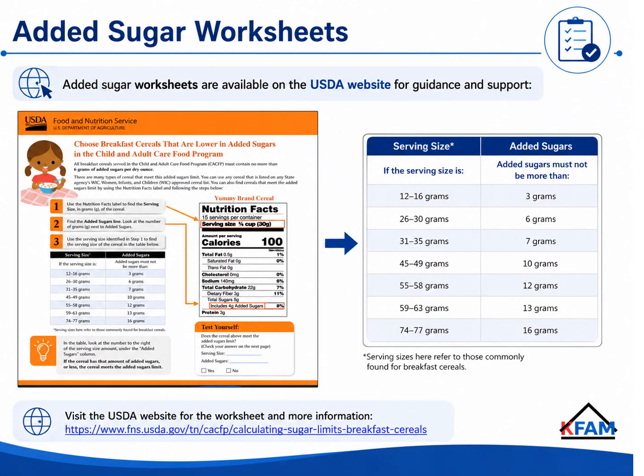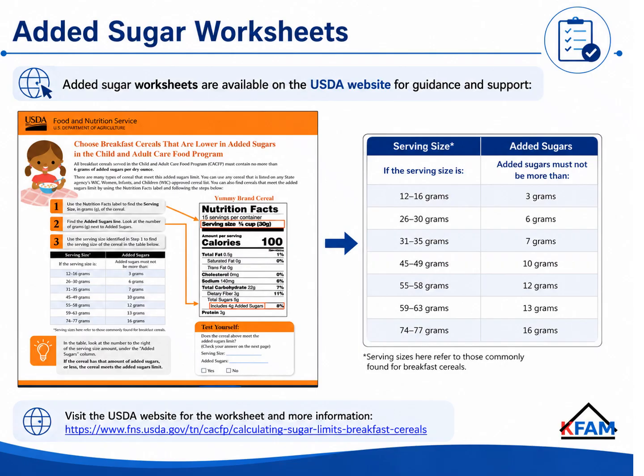For example, if the serving size is between 12 and 16 grams, the cereal may contain no more than 3 grams of added sugars. If the serving size is between 26 and 30 grams, the limit is 6 grams of added sugars. For serving sizes between 31 and 35 grams, the limit is 7 grams. For serving sizes between 45 and 49 grams, the limit is 10 grams. For serving sizes between 55 and 58 grams, the limit is 12 grams.